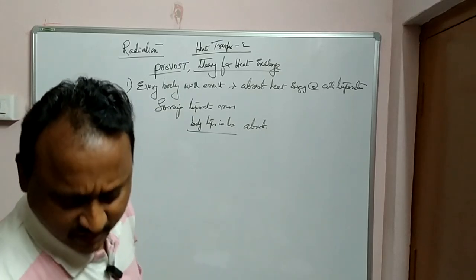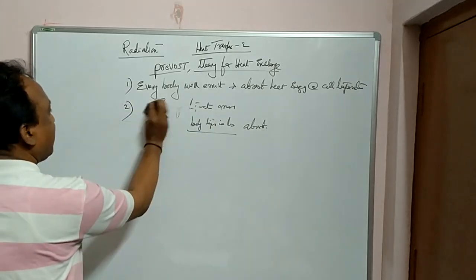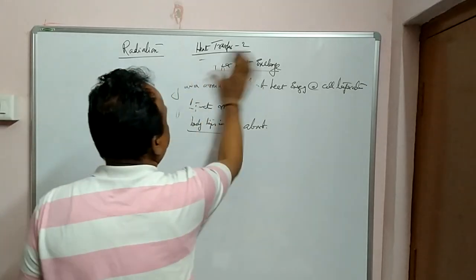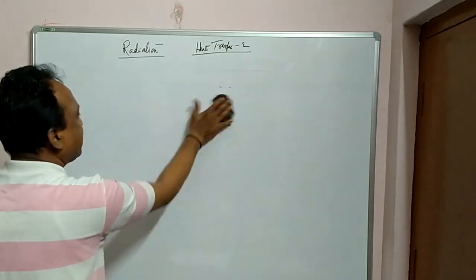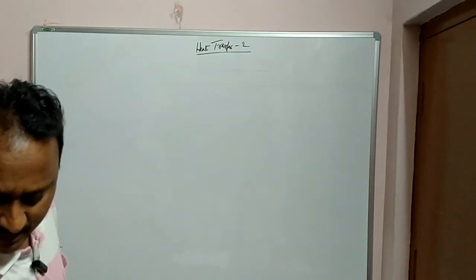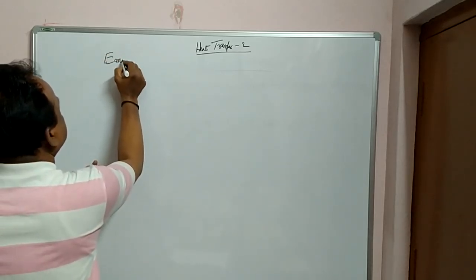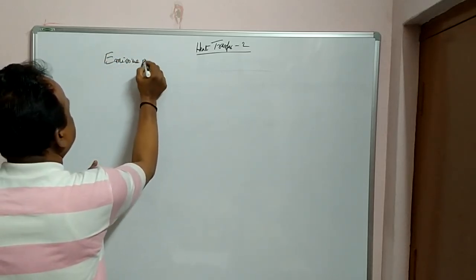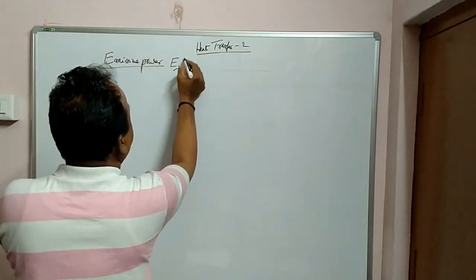Okay. Now let us go to the next thing, that is emissive power. We'll see what is meant by emissive power. The term itself is telling us, emissive power means emission. I will write this as E lambda.